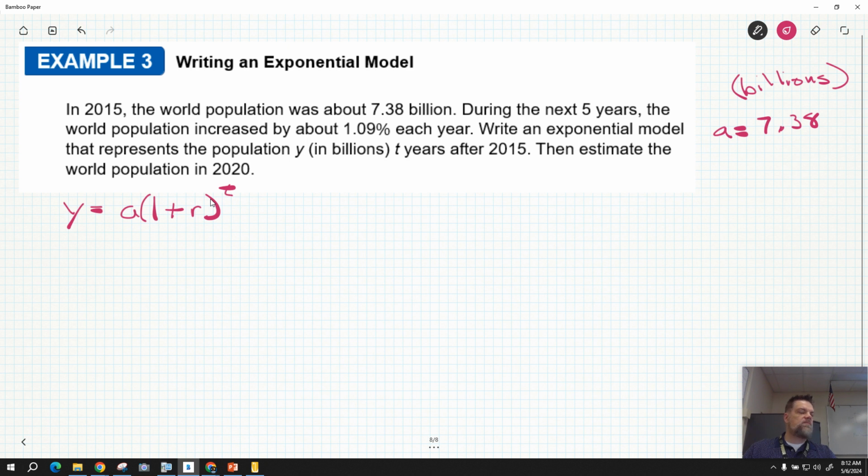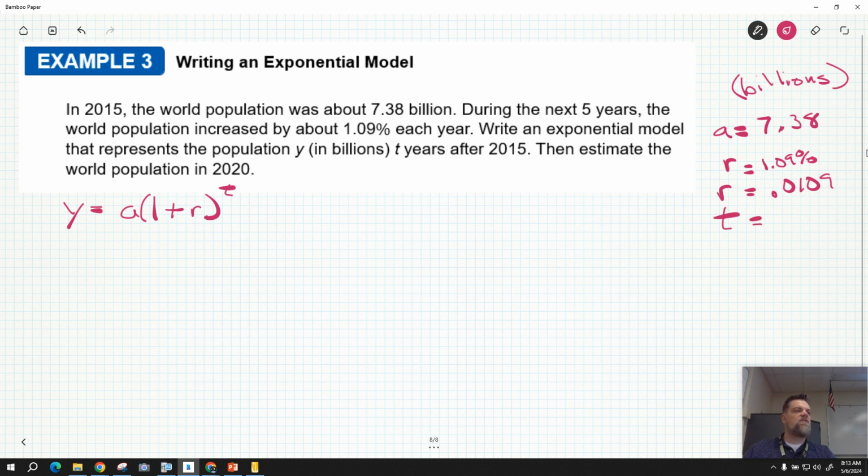All right. 1 is 1. What about r? Do we know r? Yeah. They give us 1.09%, but how do I write that as a decimal? Isn't that 0.0109 as a decimal? You just move the decimal place over 2 spaces to the left. Do we know t?